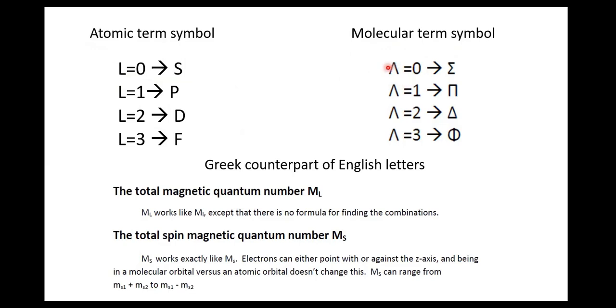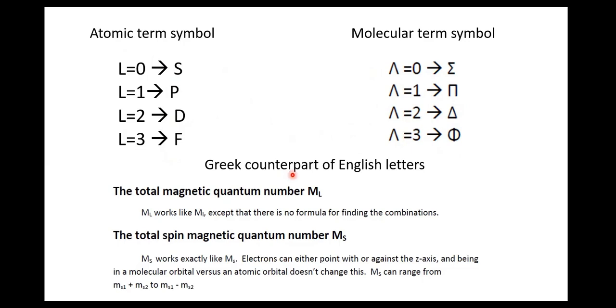You can recognize this is the capitalized Greek letter of L, which is lambda, right? If lambda equals 0, then we call it a sigma. You can naturally think sigma is the Greek counterpart of S, and it follows that the Greek counterpart of P is pi, for D we have delta, and for F we have phi. So it's basically just the Greek counterpart of the English letters in the atomic term symbols.